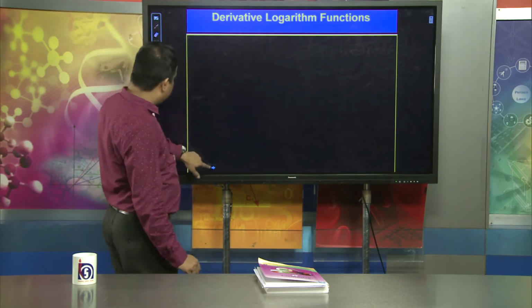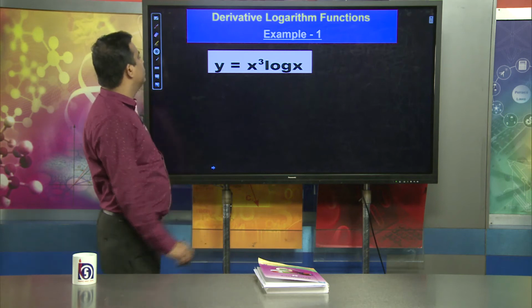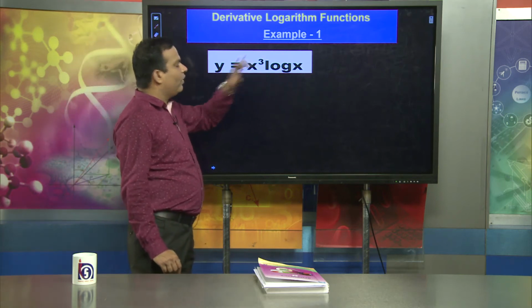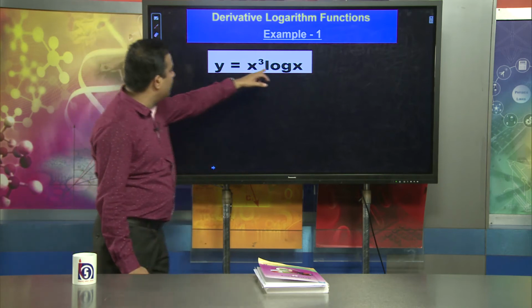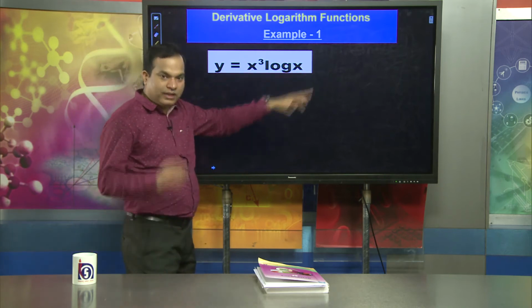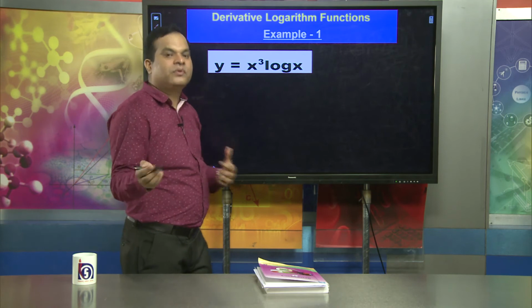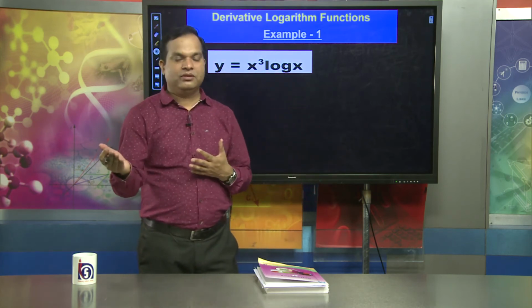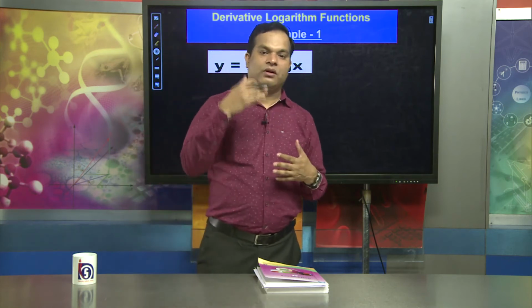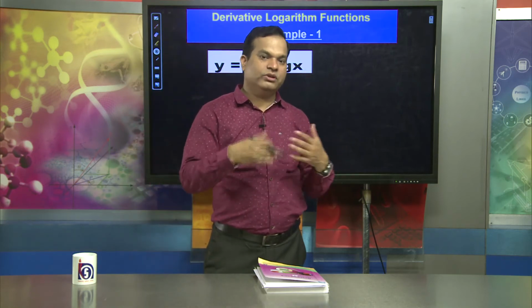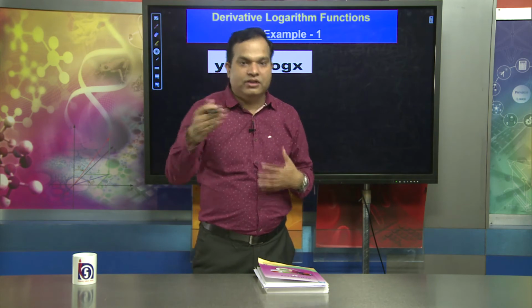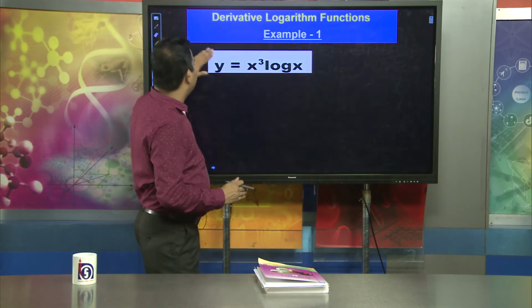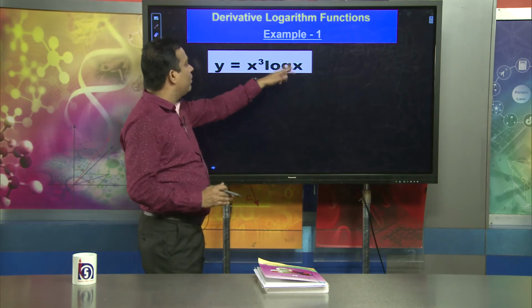But how we have to use that formula, that part will be discussed. First example: suppose I would like to take y equal to x cube log x. This is a logarithm function, log x, that is why the formula will change. We are using formulas for trigonometric functions, for exponential functions, and now for a logarithm function. Right now we are discussing what will be the derivative of x cube log x.